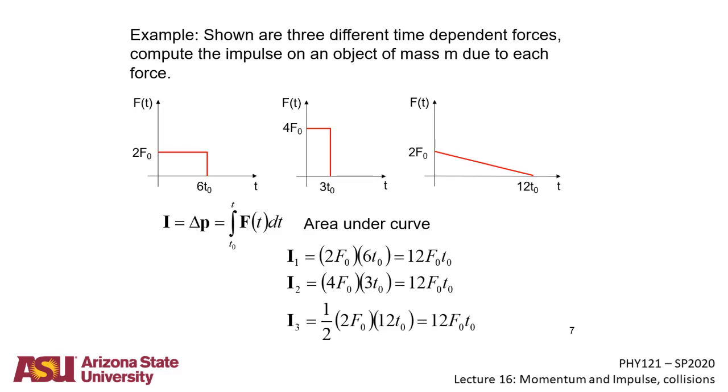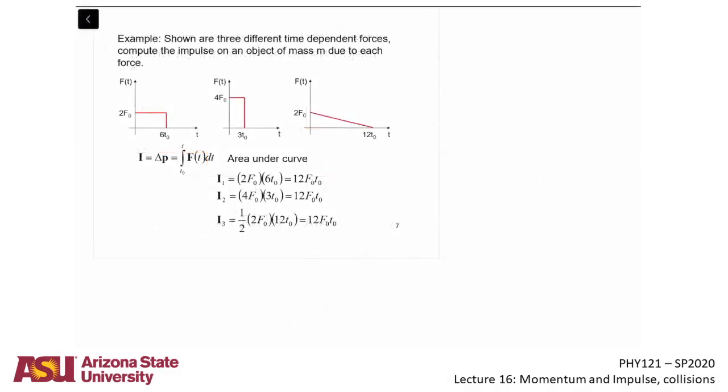Okay, you're back. Let's go over this real quick. Just made this small so I can sketch a little bit. So for the first one, right, we have 2F0 and 6T0, so the force is on. Therefore, the area is just the area under a rectangle that is 6, let's say, seconds by 2 newtons.